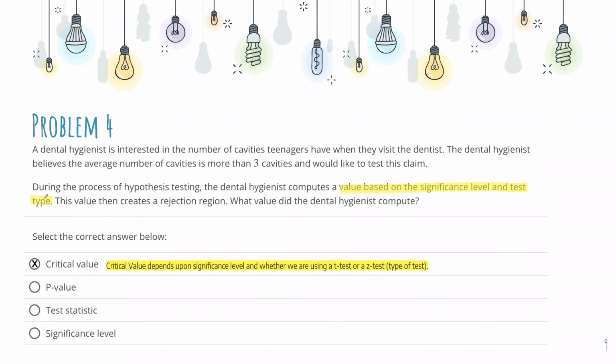And it depends on the test, because if it's a t-test, then I use a t-distribution. If it is a z-test, then I'm using the normal distribution. So the value based on the significance level and the test type is called the critical value.